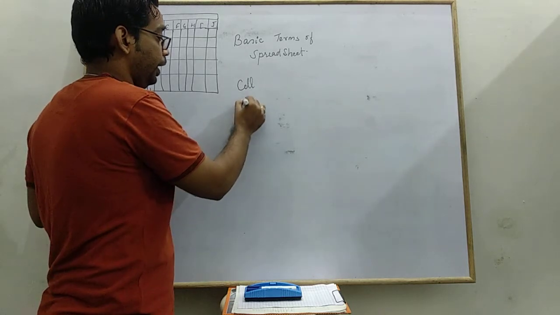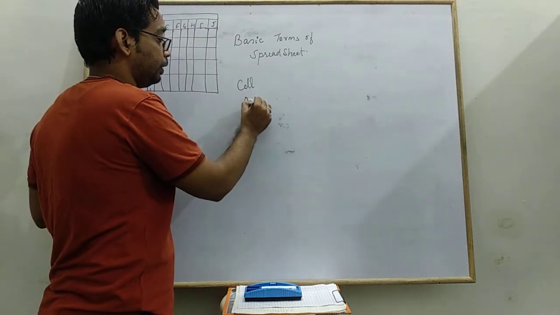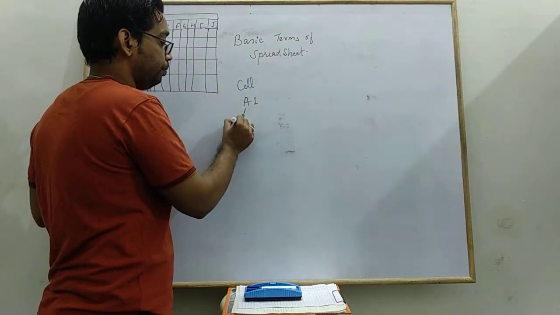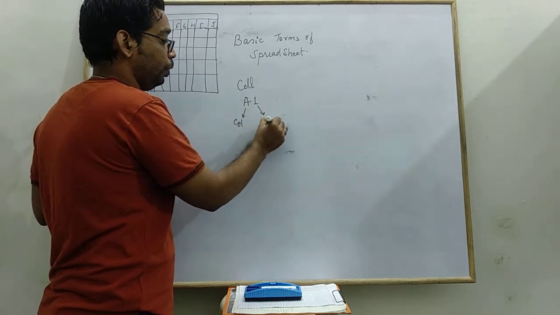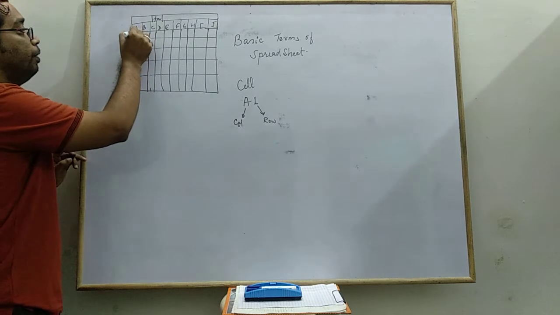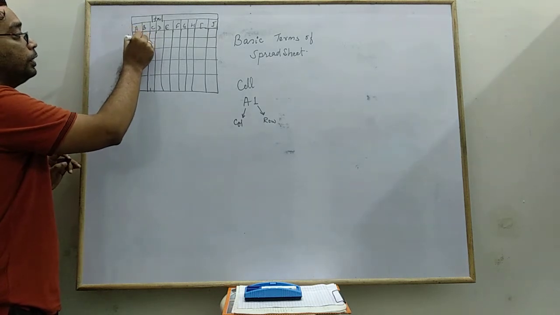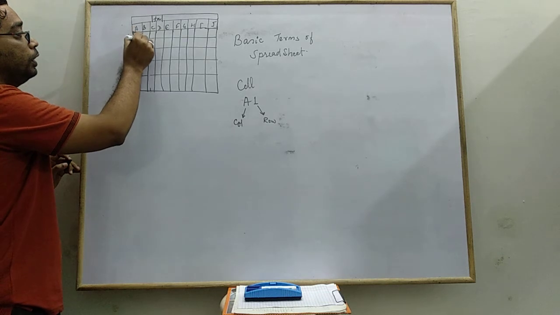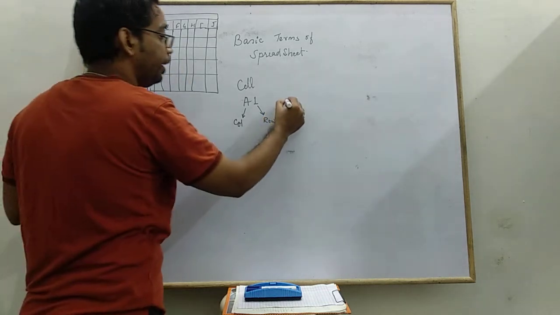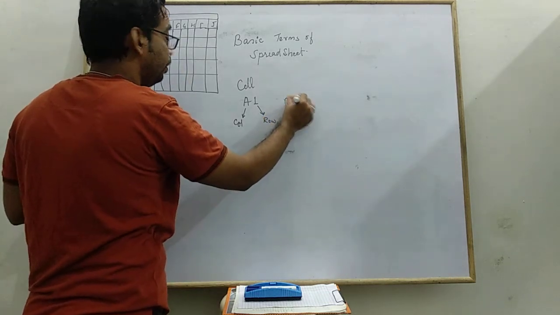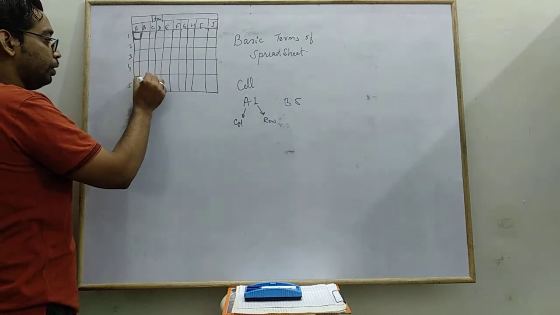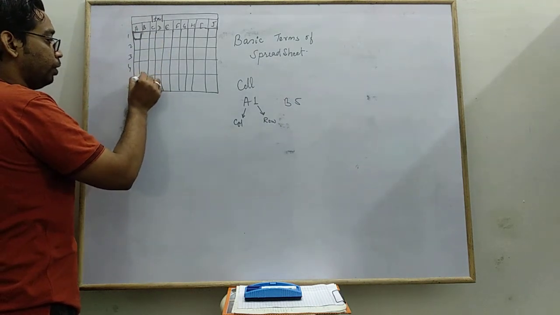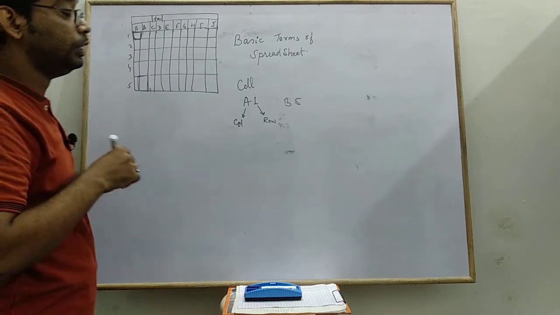A is the column and 1 is the row, and this selection is called the cell. Similarly, if I write B5, this one is the cell.